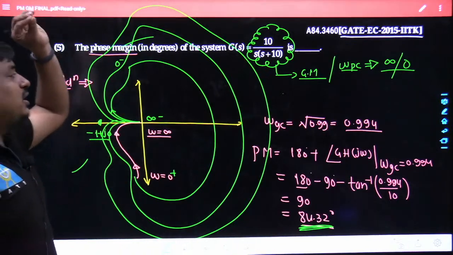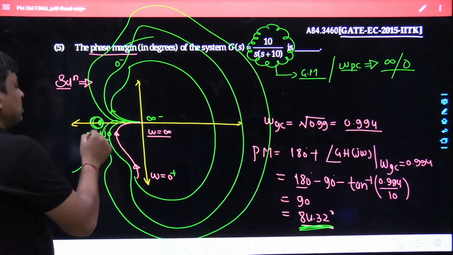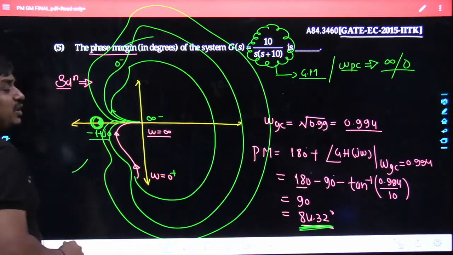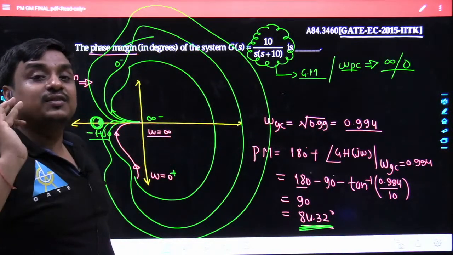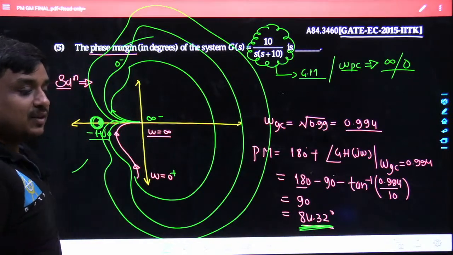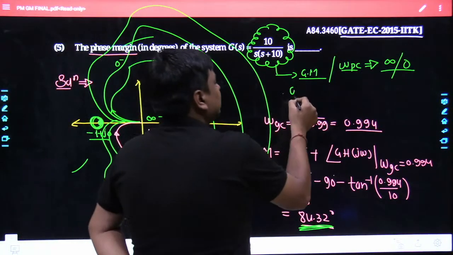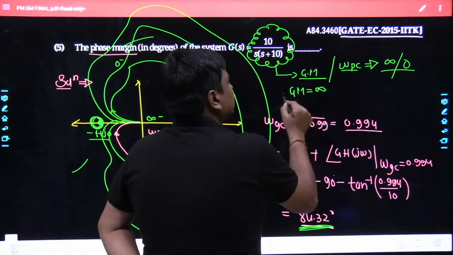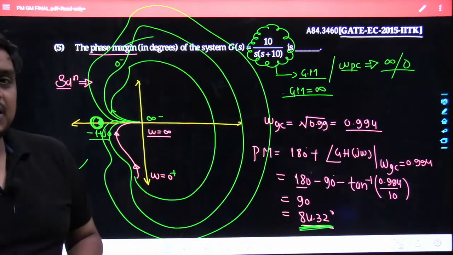If you keep adding gain, at no time would minus 1 plus j0 get encircled. That means for all possible high values of gain, the system remains a stable system. Agreed till this point? So may I know what would be the gain margin of this system? Gain margin of this system is nothing but infinity.